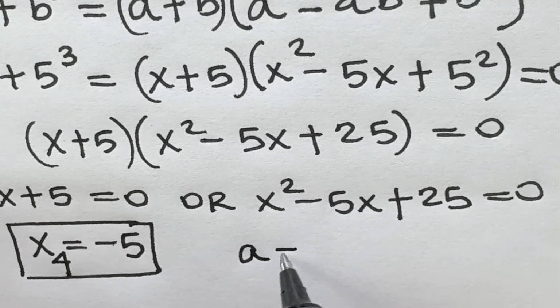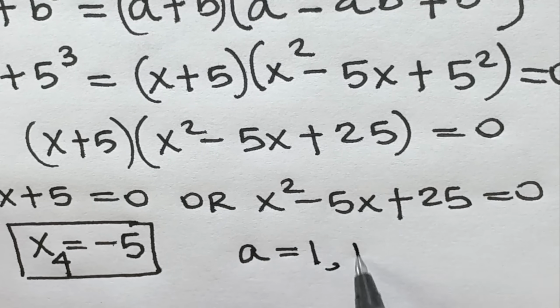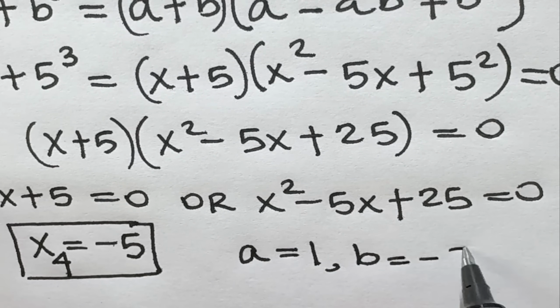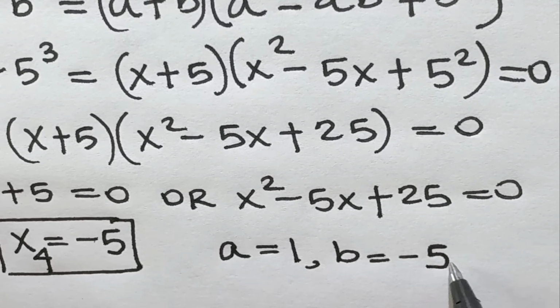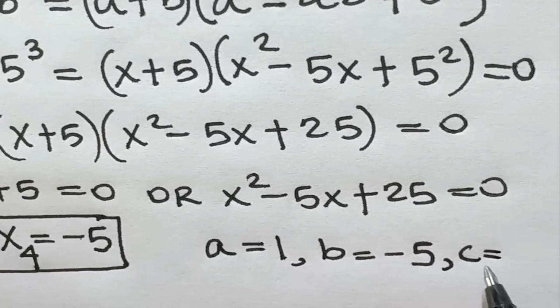Here, our a is going to be 1, our b is negative 5, and then c is 25.